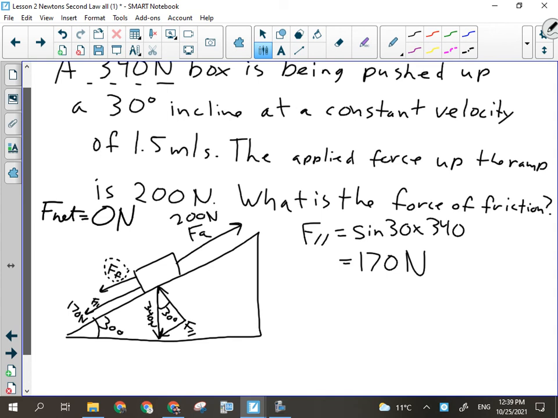Nothing mathematically challenging about that question. It's intuitively challenging, like so many of the ones we're going to do. Thing to remember: all inclined planes have this triangle inside. Force of gravity is the hypotenuse, F parallel is the opposite side, and the angle is the same as the ramp.